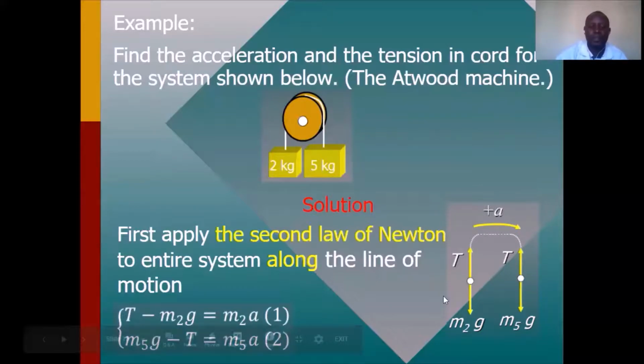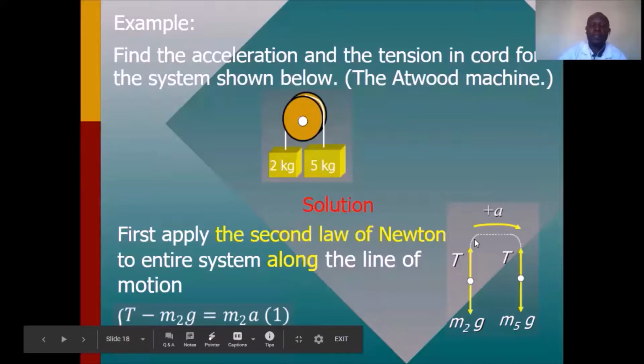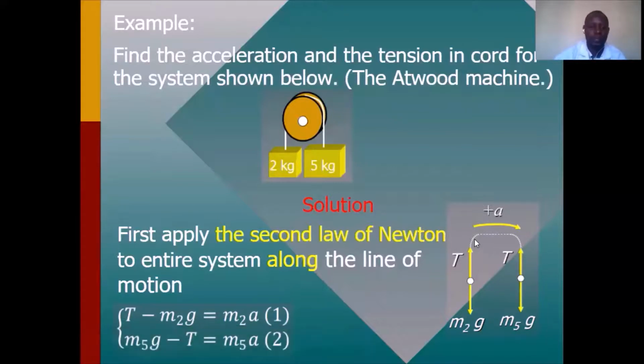The first equation: T minus M2G is equal to M2A. The second equation is M5G minus T is equal to M5A.